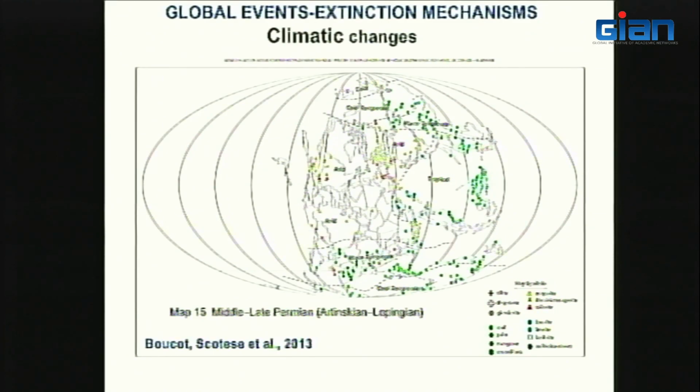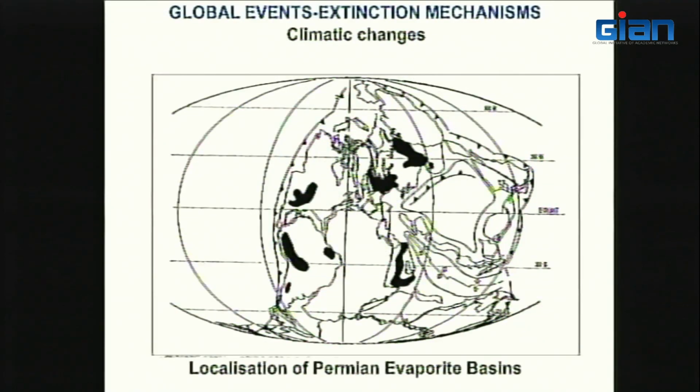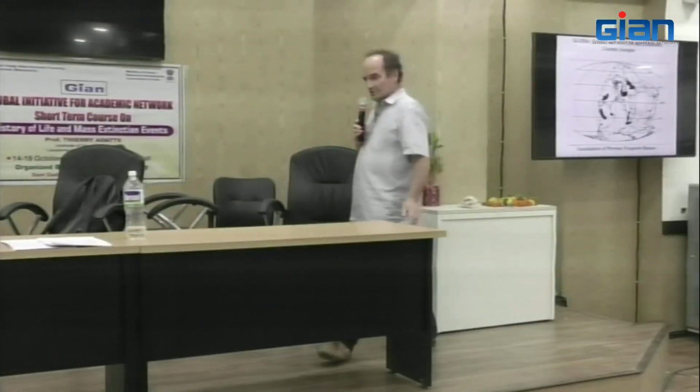And what is the consequence of that? This is the global installation of a lot of evaporite basins, especially in the internal part of the continent. You get a lot of evaporite. For example, in Poland or in Russia, you get some 2 kilometers thick of evaporite accumulation during this time.